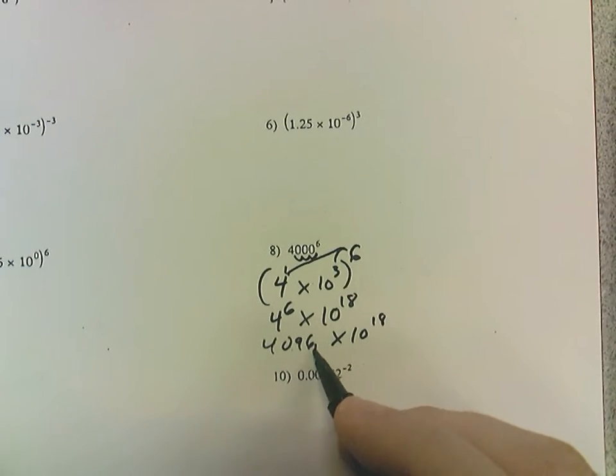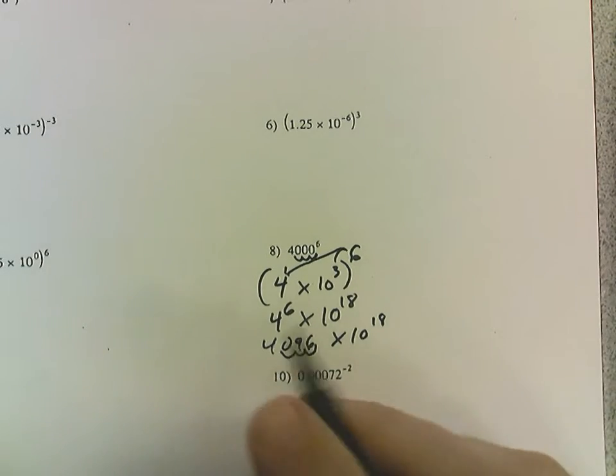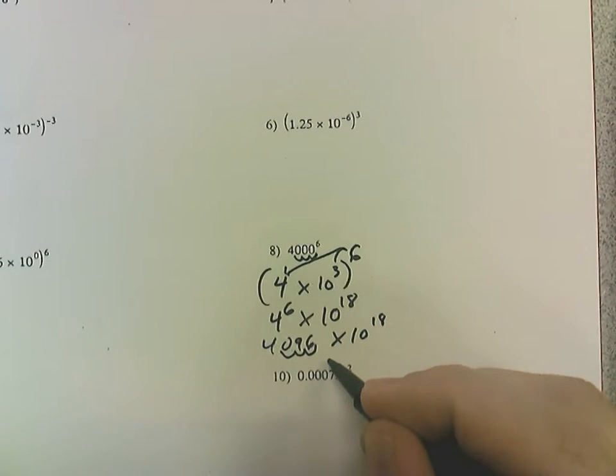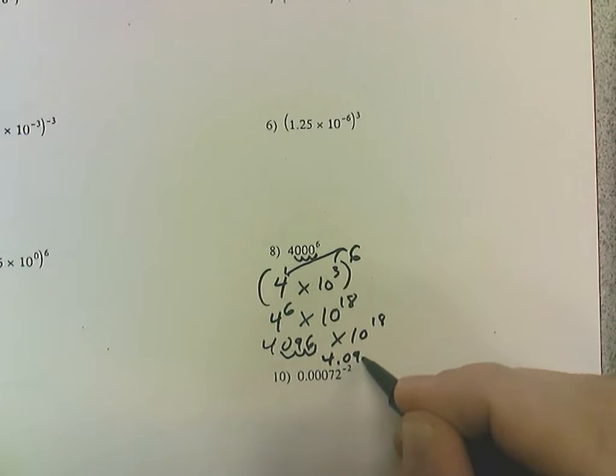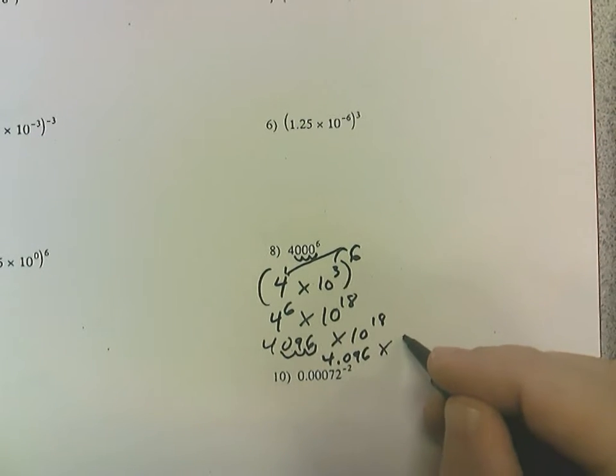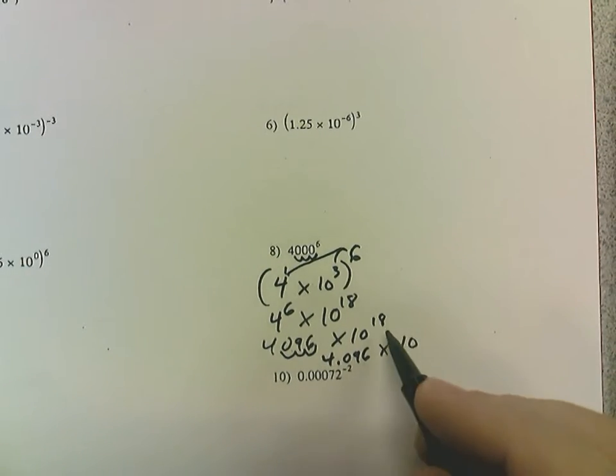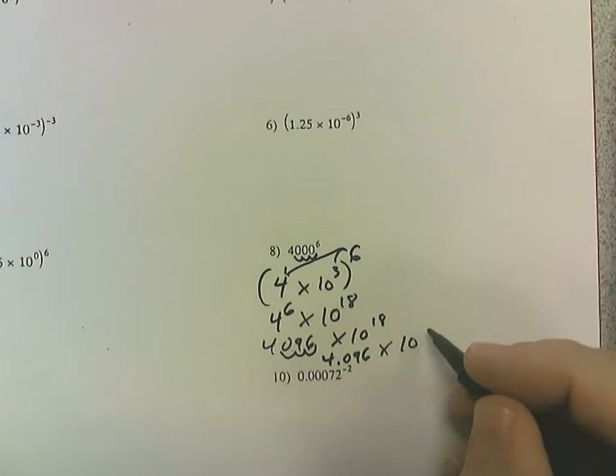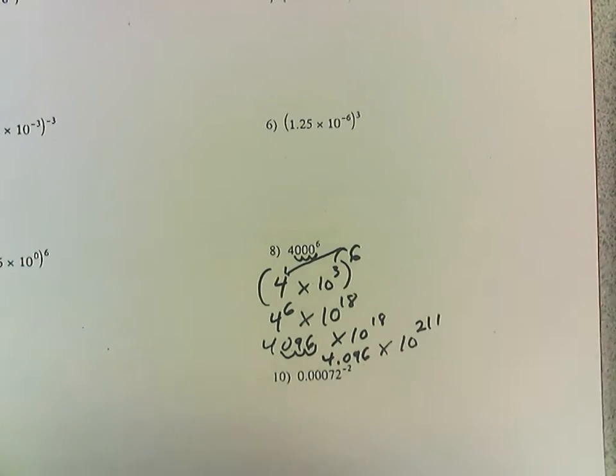And then I've got to convert it, so 1, 2, 3. Going to take 3 10s away, so that it becomes 4.096 times, and then I'm going to take the 3 10s and put them over here. 3 plus 18 is 21, 10 to the 21 power.